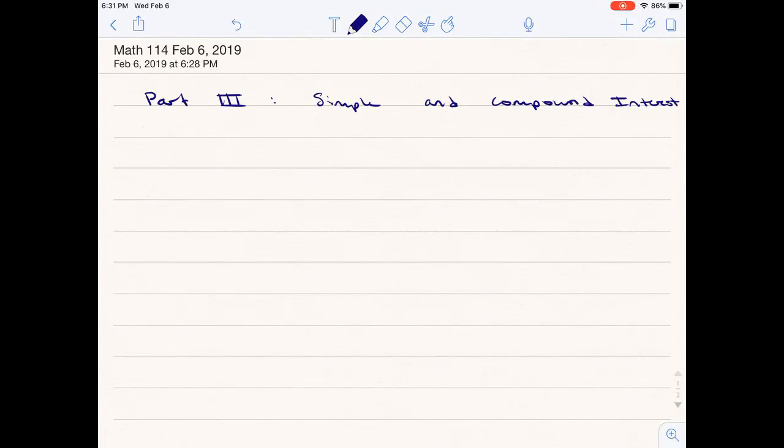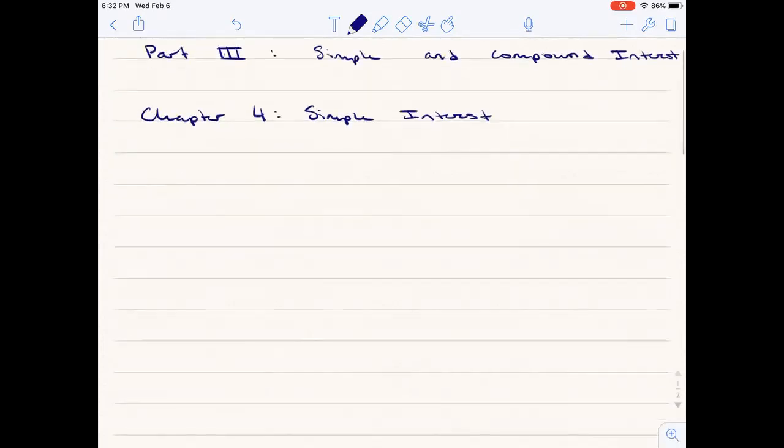And I think chapter 4 is simple interest, I'm pretty sure. Chapter 4 is simple interest. And what we'll do today is 4.1, which is just the basics.